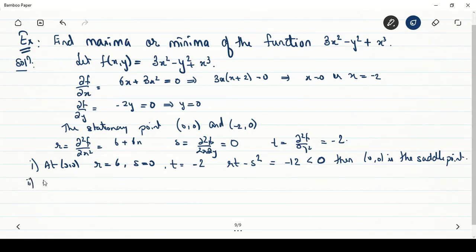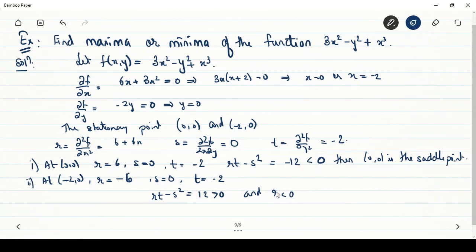Second, at minus 2 comma 0, r is equal to minus 6 and s is equal to 0 and t is equal to minus 2. rt minus s square is equal to 12, it is greater than 0 and r is less than 0.